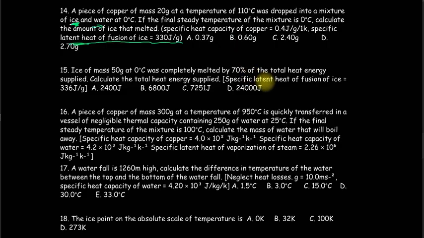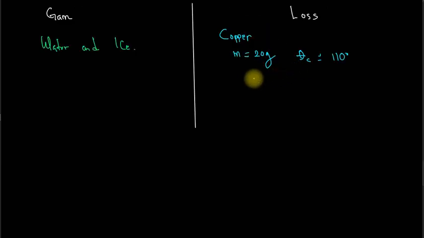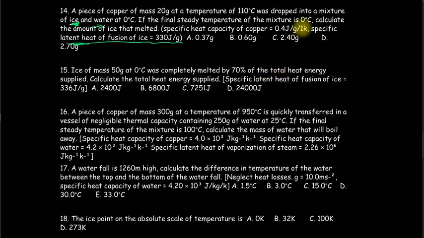Is that all, everything about copper? Copper has a specific heat capacity of 0.4 joule per gram per Kelvin. So C of copper is 0.4. Okay, so that's all about copper. Now next, let's talk about water and ice. They don't give us the mass of water, or the mass of ice.